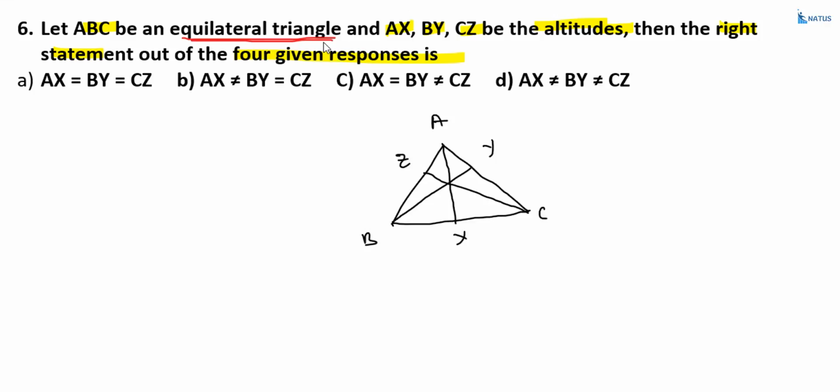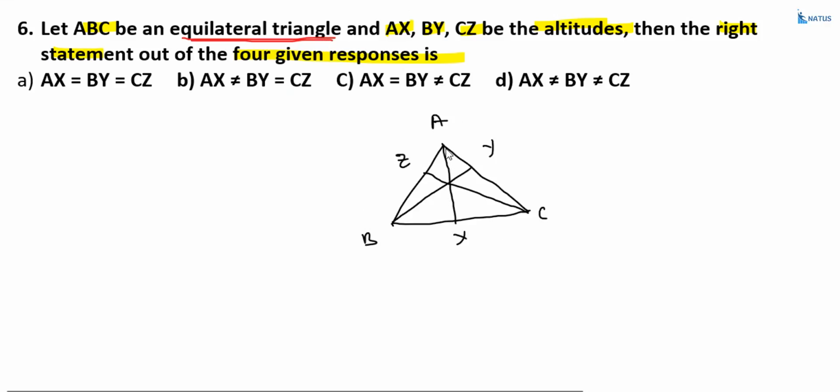In yesterday's session, I discussed the properties of an equilateral triangle. What about the centers? Incenter, orthocenter, circumcenter and centroid, are all equal or not? Incenter, circumcenter and orthocenter are equal to centroid, right? Now, what is the question here?